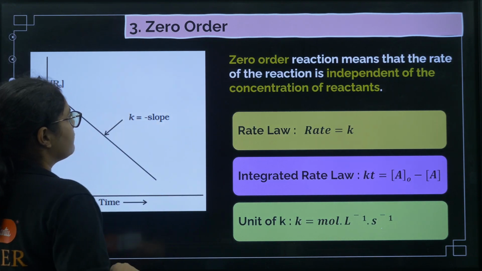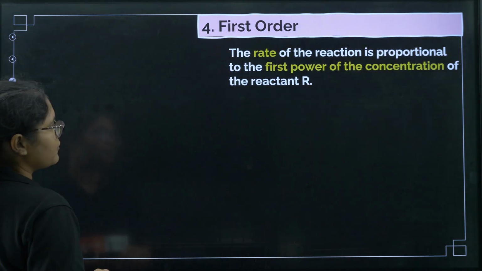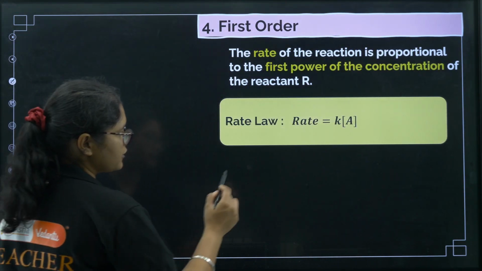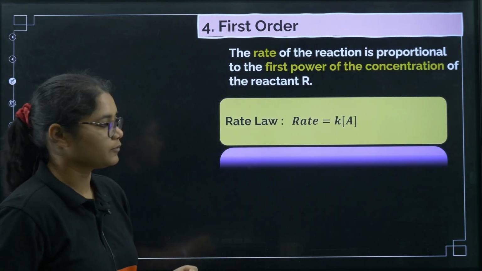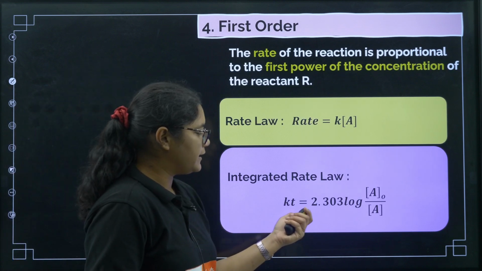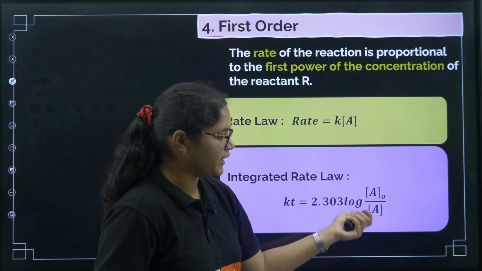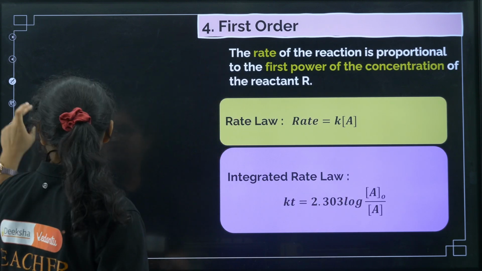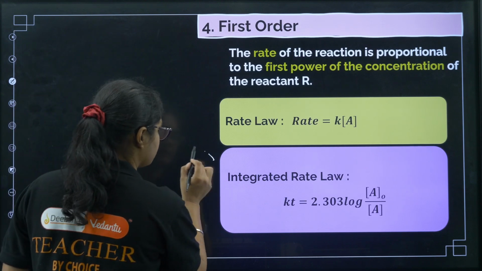Okay, fine. Next we have the next topic, that is first order. So for first order, rate is equal to K into A. Integrated rate law, KT is equal to 2.303 log A naught by A, where these terms I think all of you would be knowing, but still I will be mentioning.